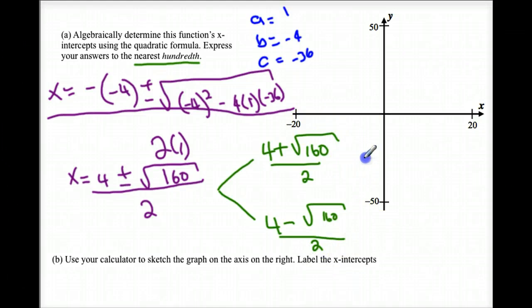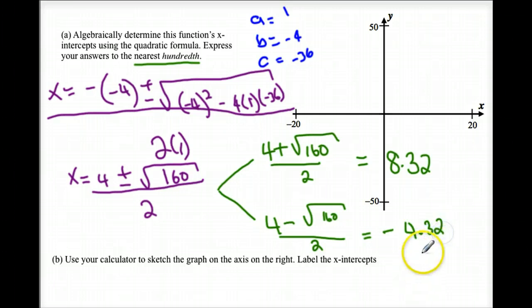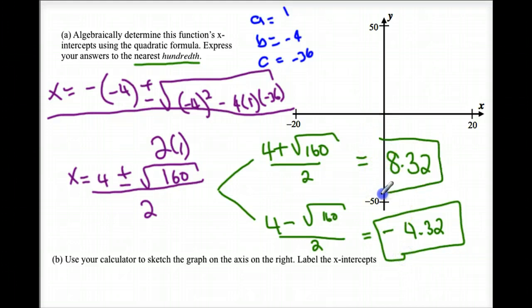When I plug this into your calculator, you will get 8.32 because I'm rounding to 2 decimal places. And then 4 minus square root of 160, you will end up getting negative 4.32. And these are the roots, or your x-intercepts, where the parabola crosses the x-axis.